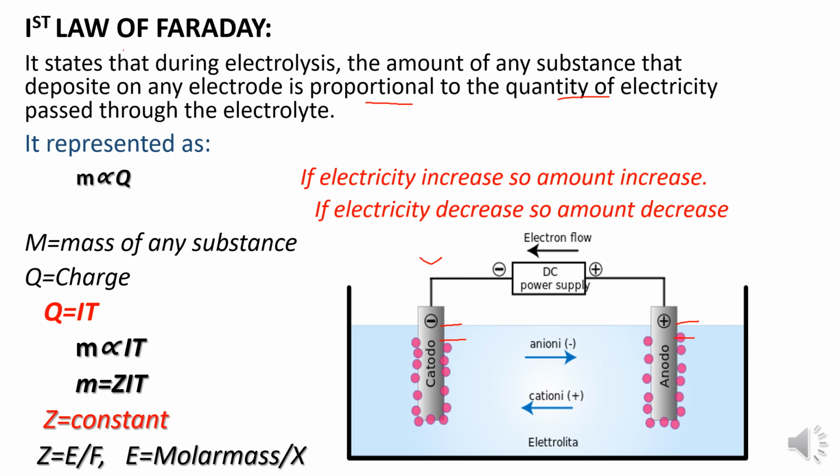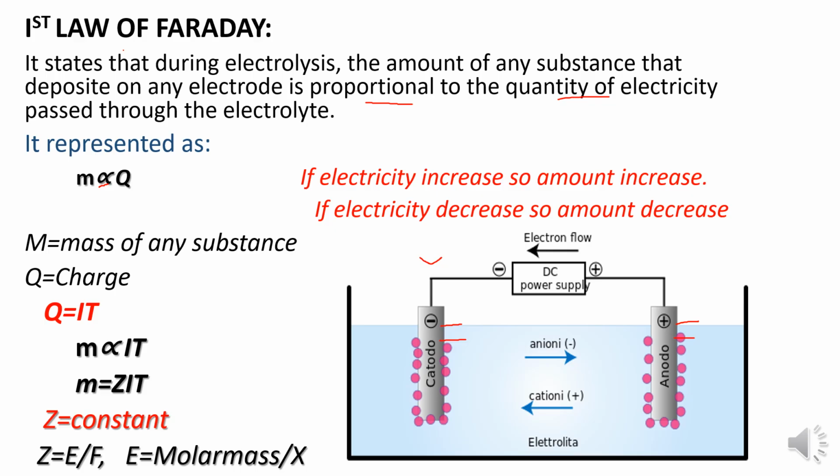Ma'am, why do we use directly proportional? Because we are discussing how much electricity is provided to the cell, so the quantity of substance deposited on the electrode is the same.